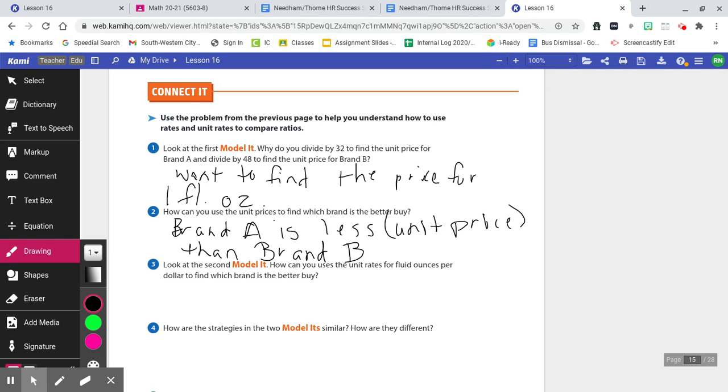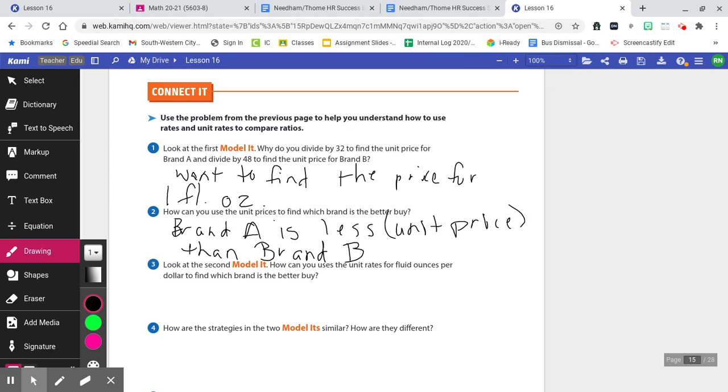Number 3, look at the second modelet. How can you use the unit rates for fluid ounces per dollar to find which brand is better? So this time, the first time we found out how much 1 ounce costs. This time I'm finding $1. How many ounces do I get for $1?